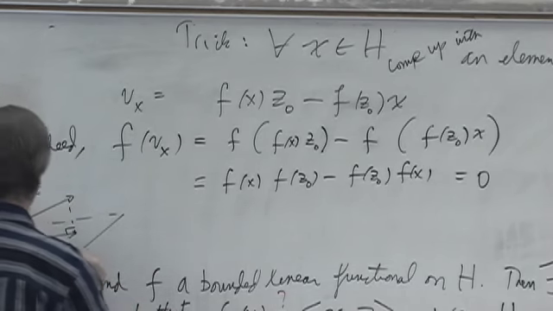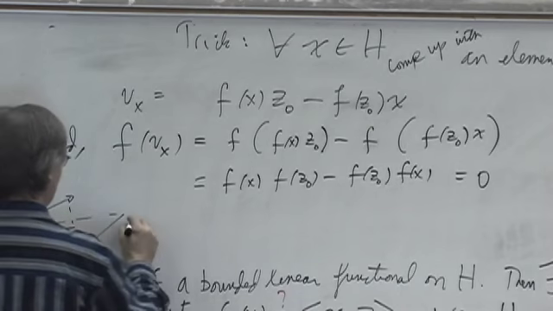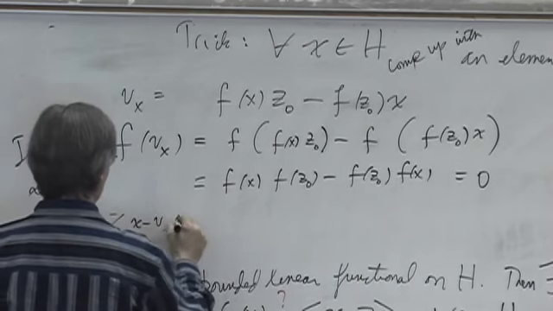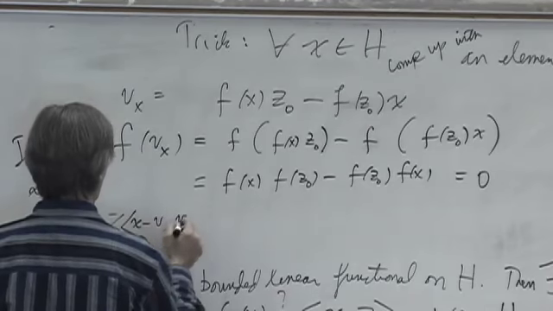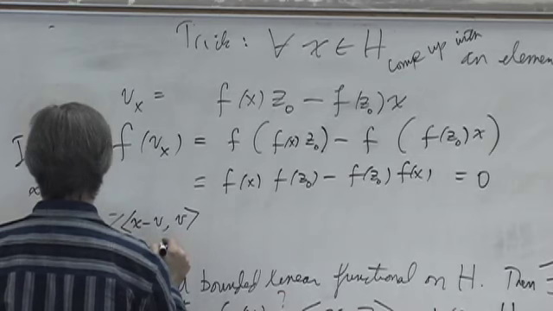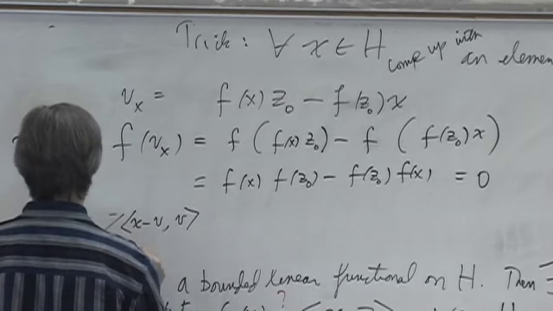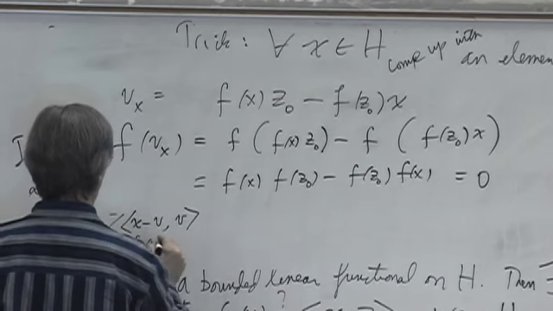I'd have the condition that if I wanted to have some vector v in here, then I would have that x minus v should be perpendicular to v, and I should have that f of v equal to 0.